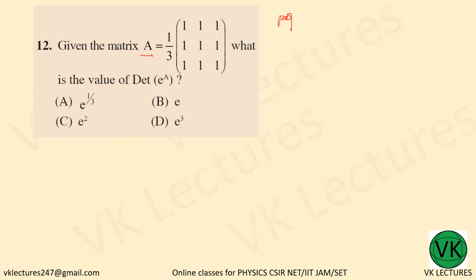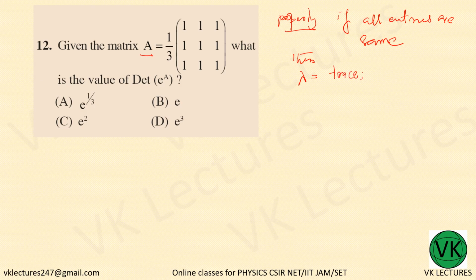There is a property of the matrix: if all entries are the same, then lambda equal to trace of this matrix, and all other lambdas are 0, 0, etc. up to n minus 1, where n is the order. So it will have n eigenvalues. Out of that n eigenvalues, one eigenvalue will be non-zero, that is trace.